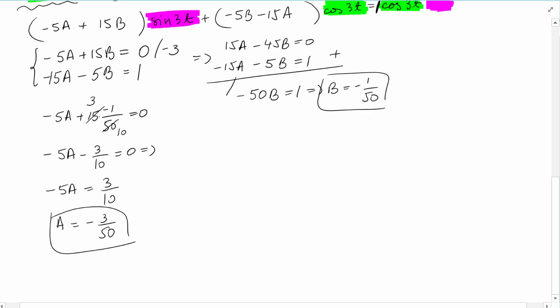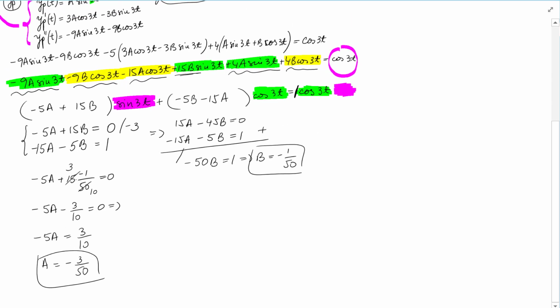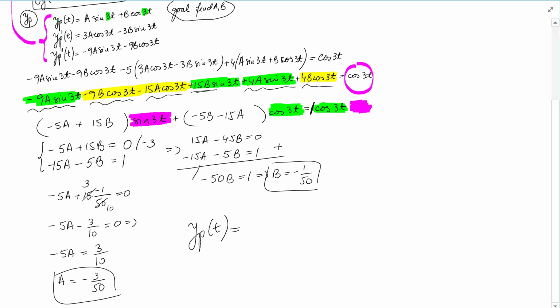What does that mean, finding A and B? It means that our particular solution, y p of t, is equal to, replacing what I'm highlighting now in green, since our goal was to find A and B, which we did. So y p of t is A, negative 3 over 50 sine of 3t, plus B, so minus 1 over 50 cosine of 3t.